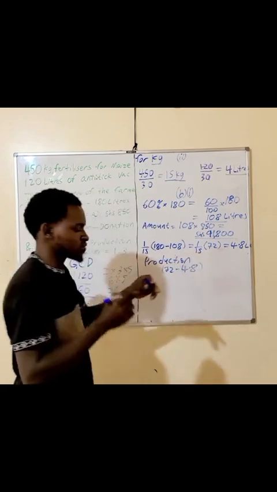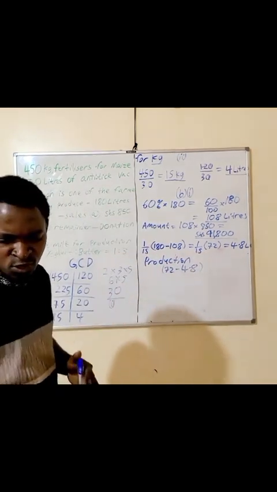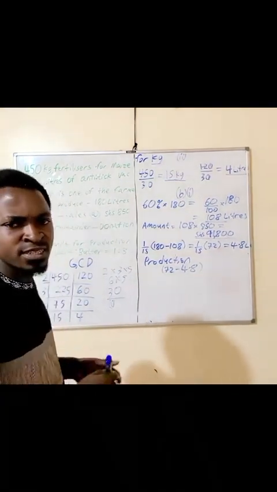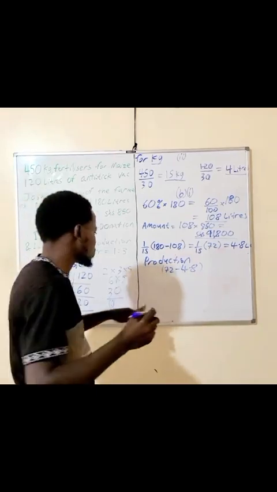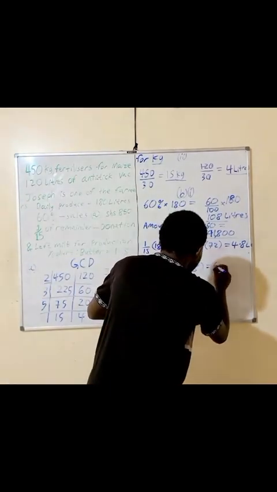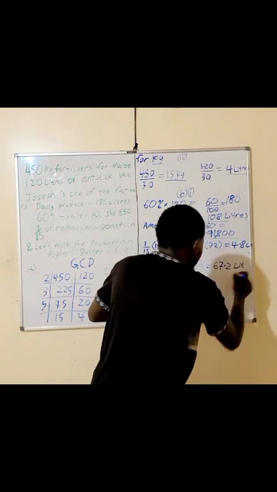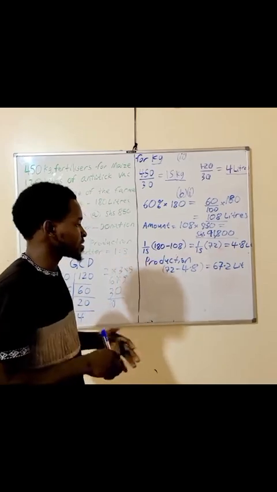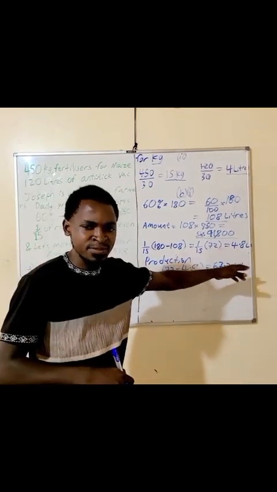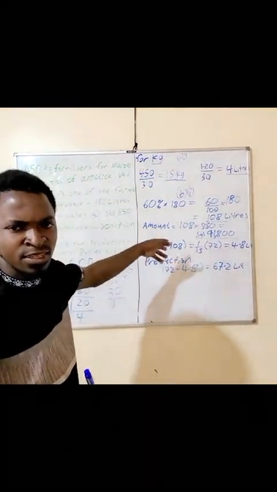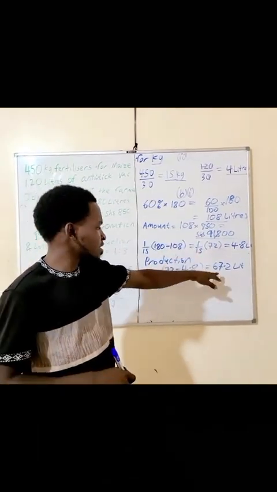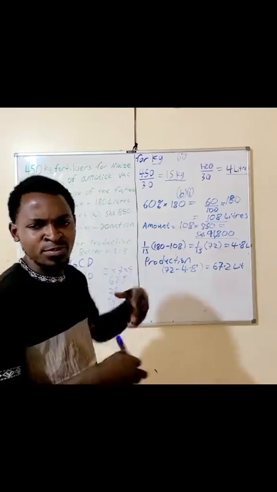This is the amount of liters that he used to make production. If you place it on your calculator, you get 67.2 liters. This is not literature, it is liters. I'm writing it as LIT. So these are the liters that he used for production.